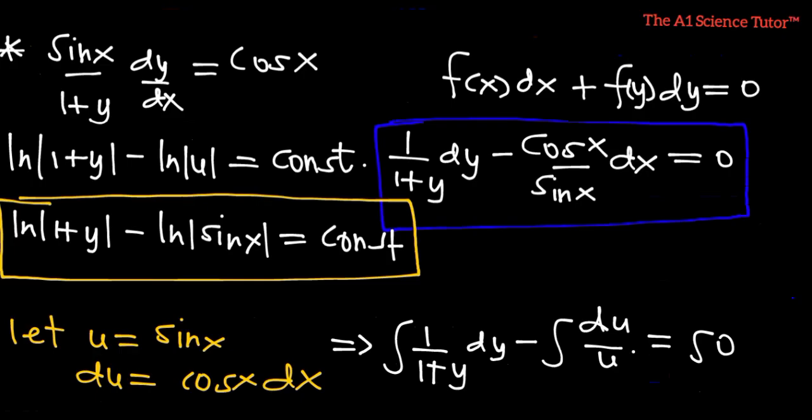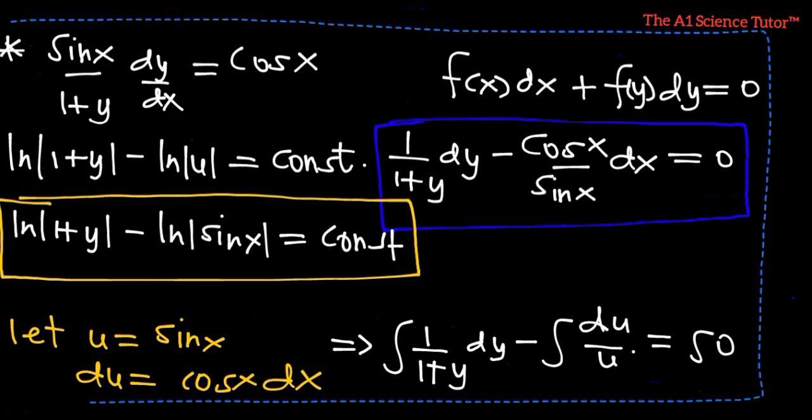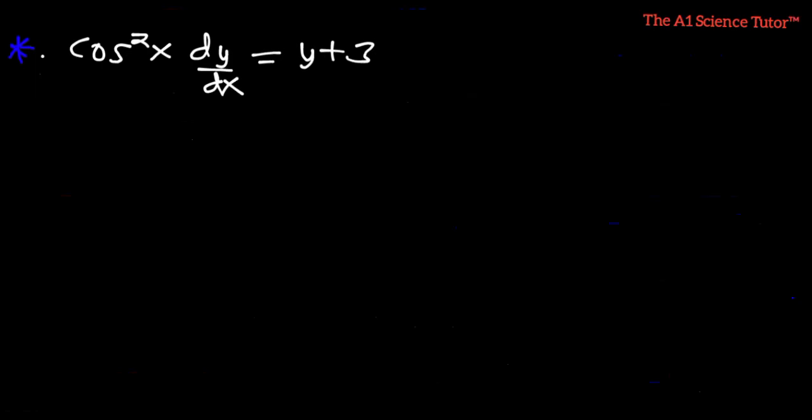Now let us try out one last question. So here we have cos squared x dy dx is equal to y plus 3.